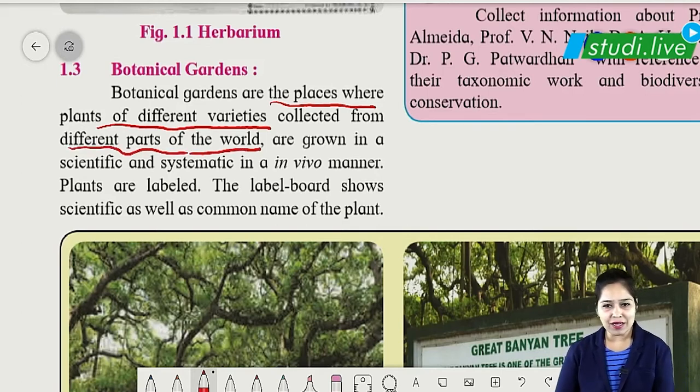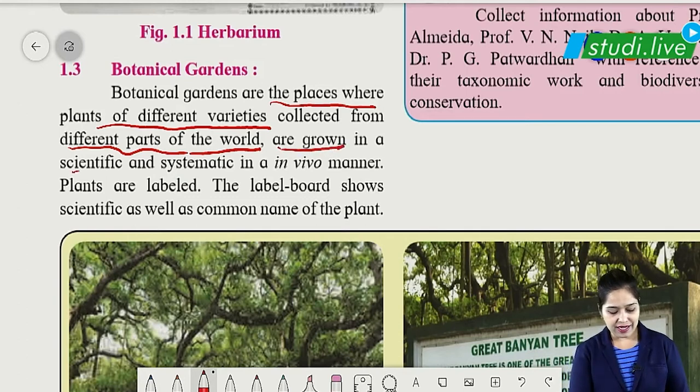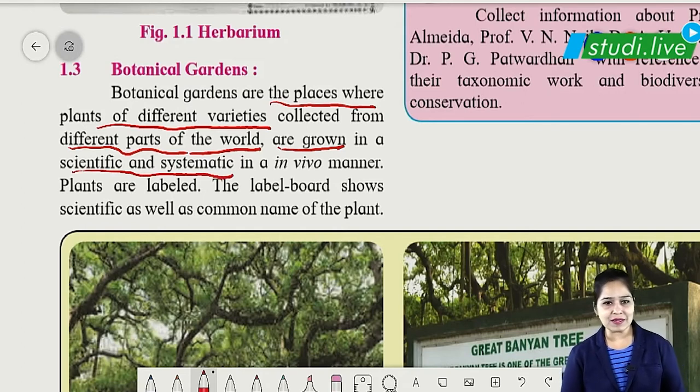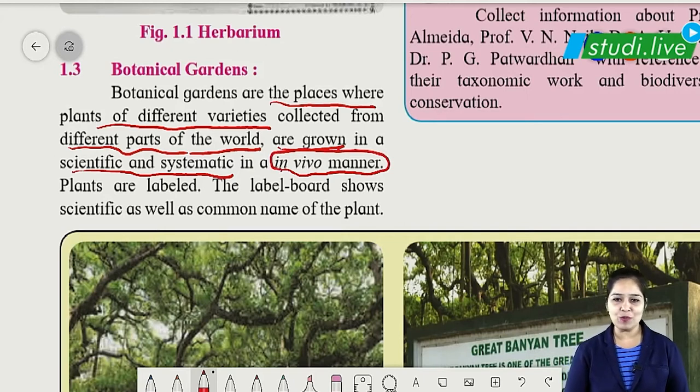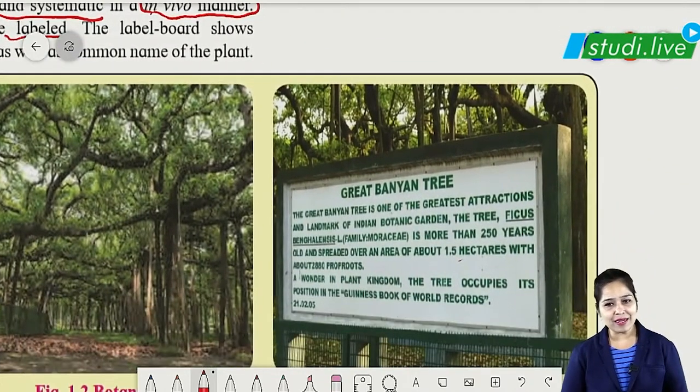In these botanical gardens, different kinds of plants collected from different parts of the world are grown in a scientific and systematic and in vivo manner. In vivo manner means inside their natural homes. These plants need to be labeled, as we could see this label over here about the great banyan tree.